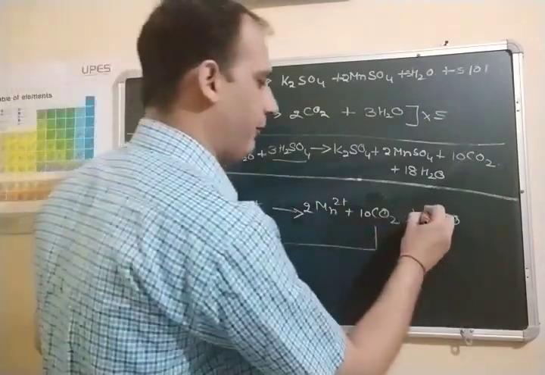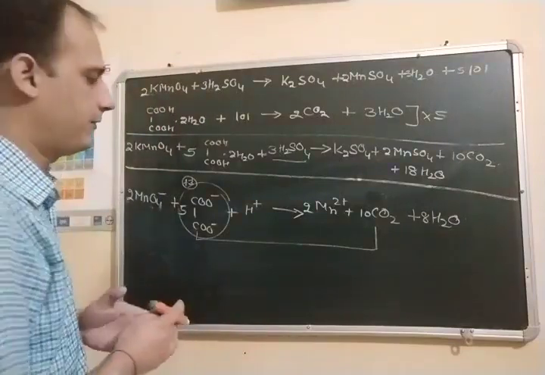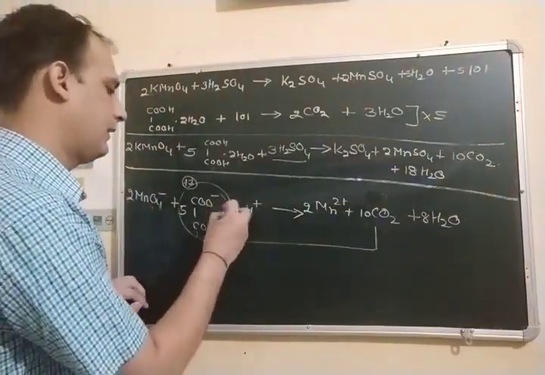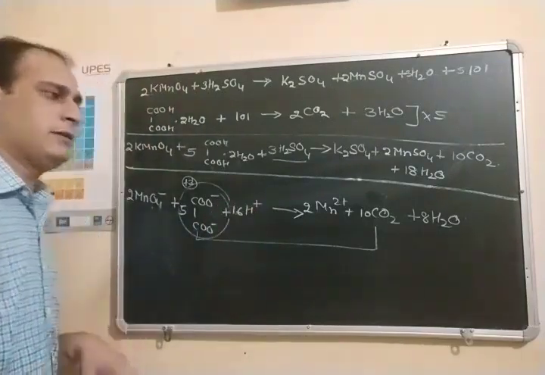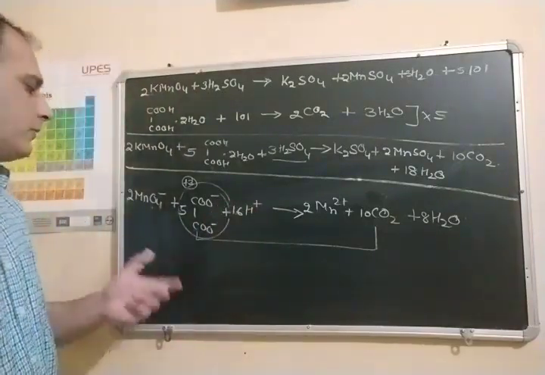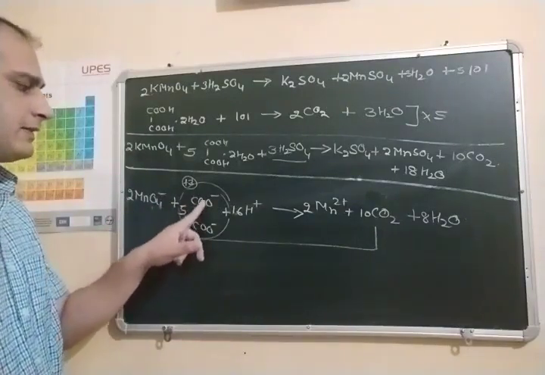So here there will be formation of 8 water molecules, and for the formation of 8 water molecules, how many hydrogen ions are required? 16 H positive. So the overall equation will be 2 MnO4 negative plus 5 oxalate ion C2O4 2 negative.